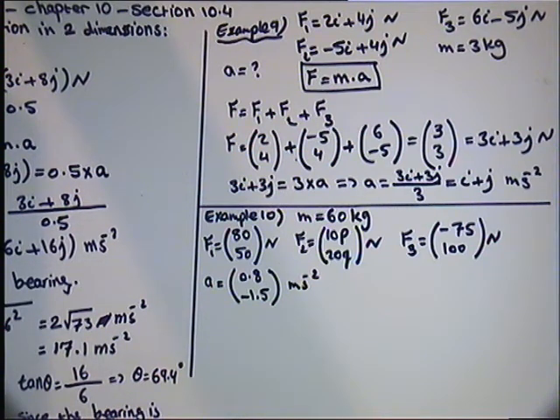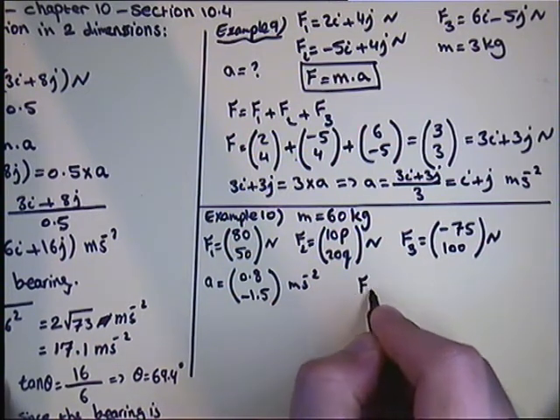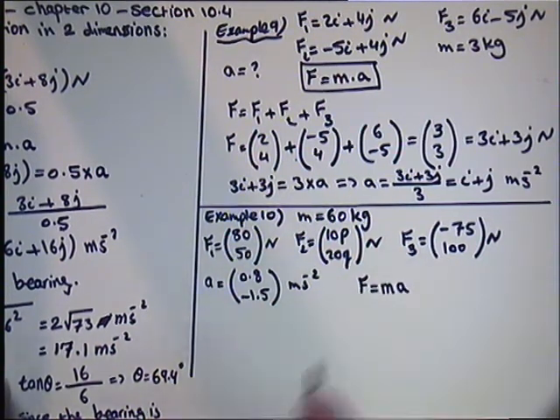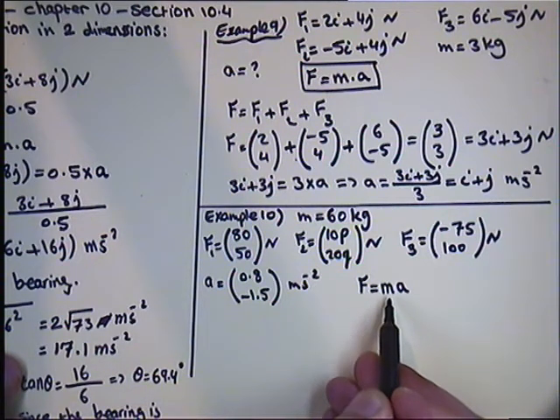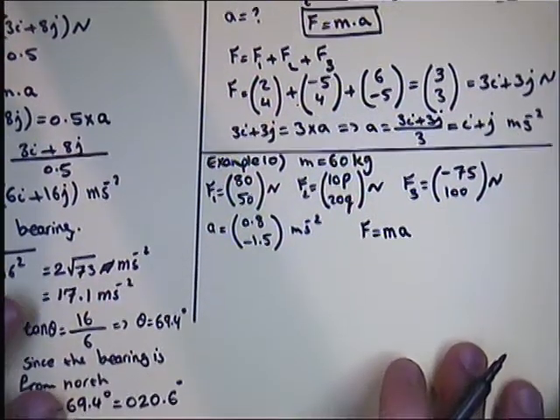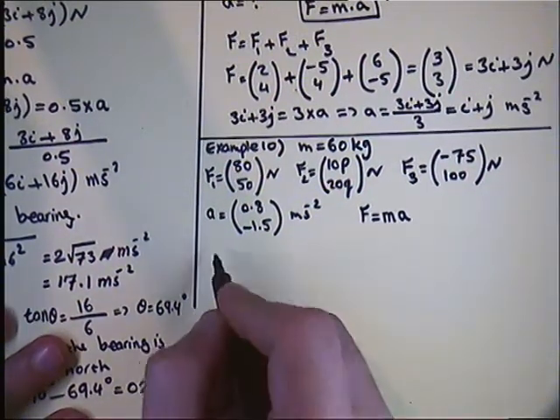To find the values of p and q, we can apply Newton's second law of motion, which is F equals ma. F represents the sum of the forces, the resultant force, m is mass, and a is acceleration. So let's find the sum of the forces first.